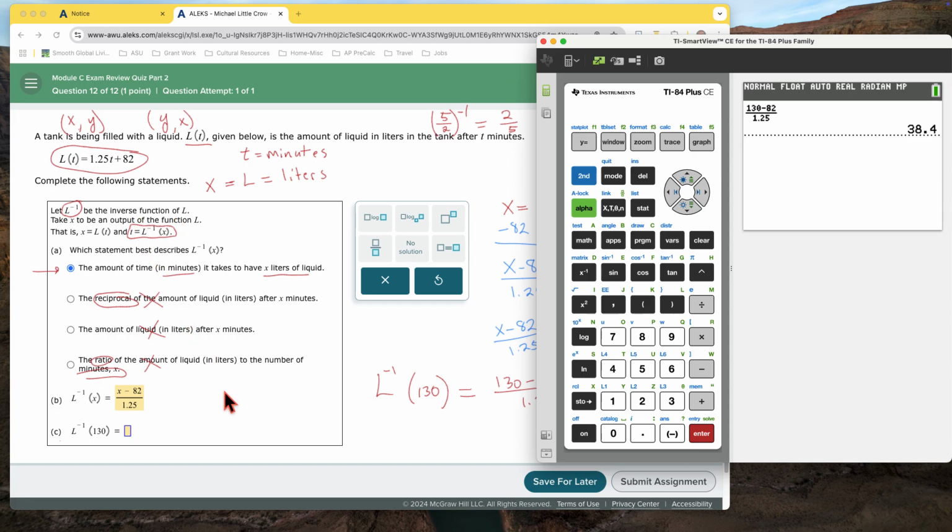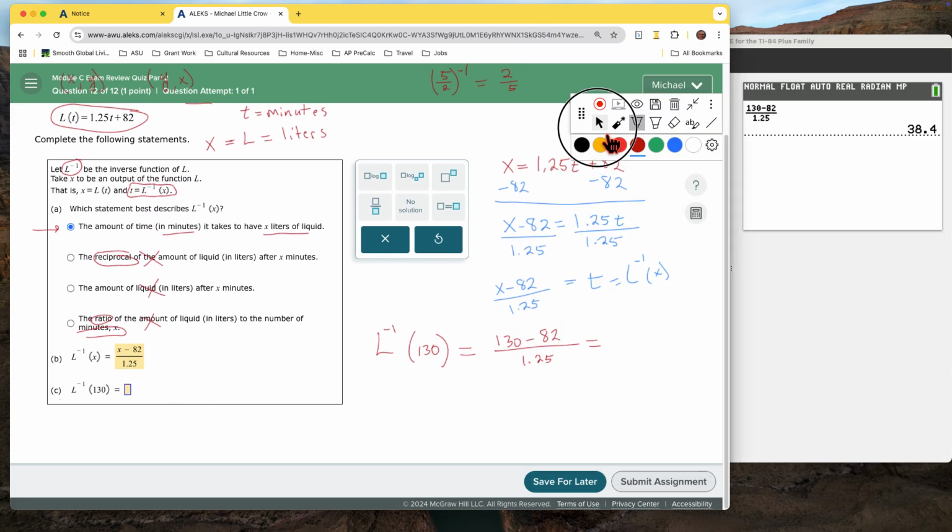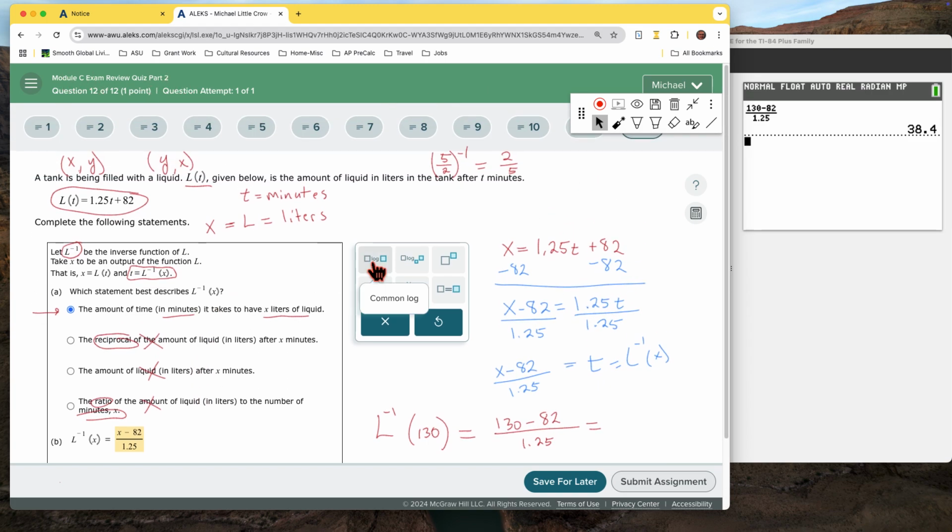They don't talk about rounding or anything, so we'll just put it in as 38.4. 38.4 minutes to fill up a 130 liter tank. That's how we go about doing that one with inverses. That's it.